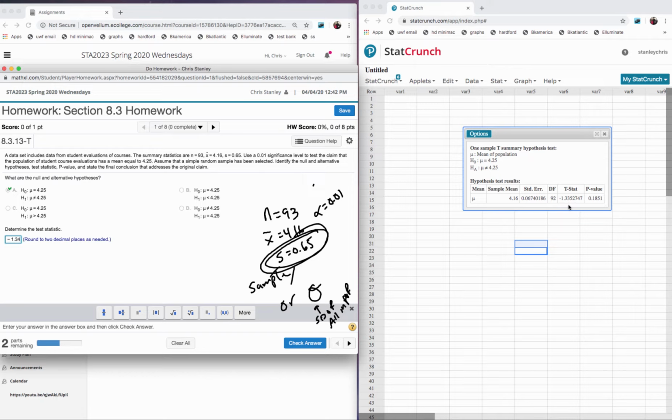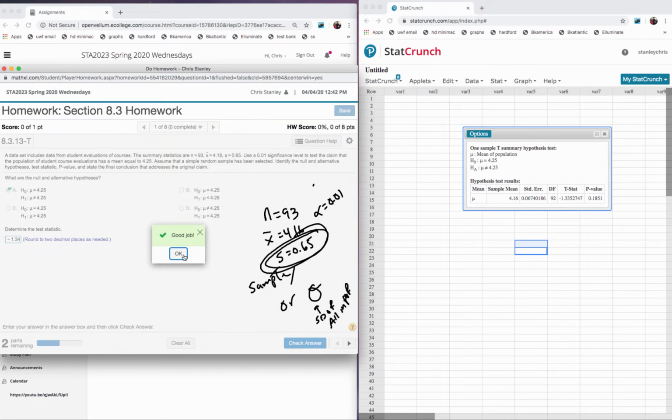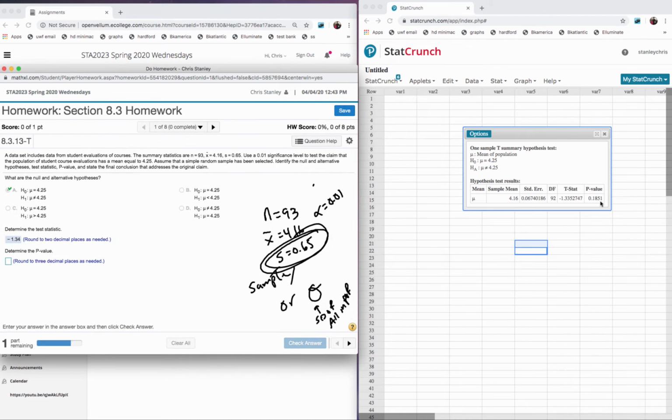Okay, so I rounded this to 2 decimals. That 4 rounds, that 5 rounds that 3 to a 4. The p-value is going to be the same thing, same place, 0.185. Perfect, and everything's going to be the same.